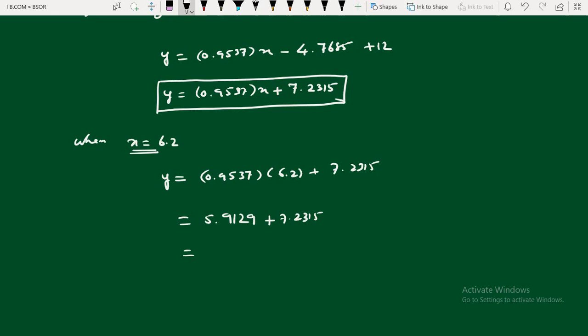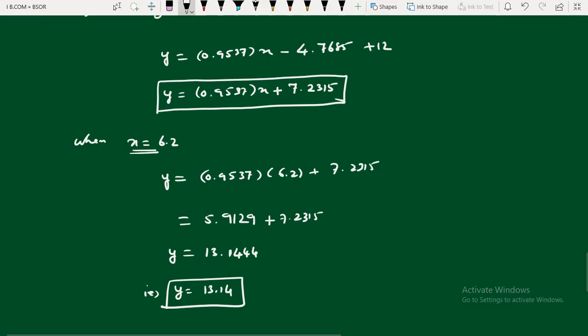Just add these two values, we get 13.1444. So this is your y value. Or simply we can say it is 13.14. For the x value 6.2, the y value is 13.14.